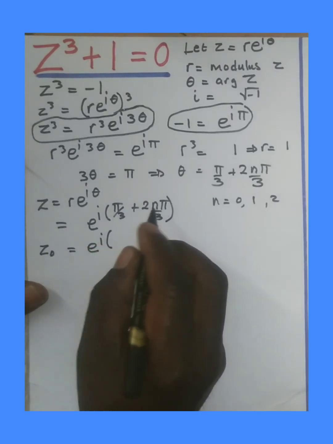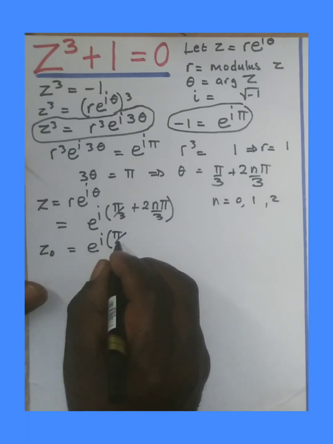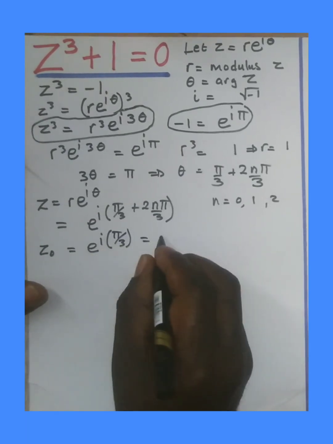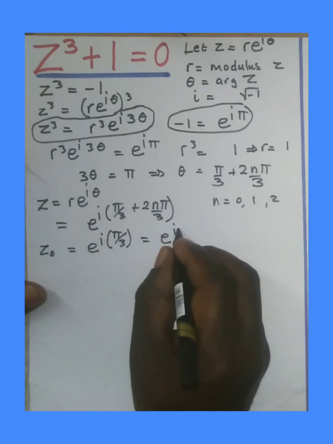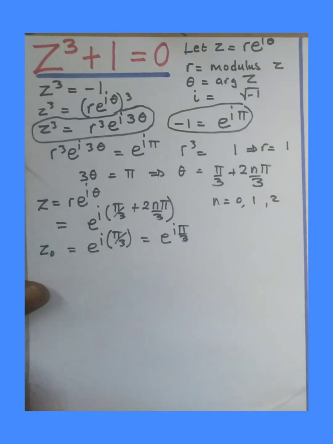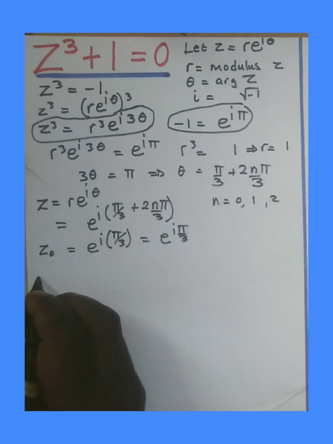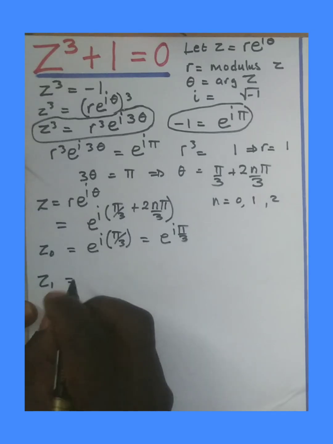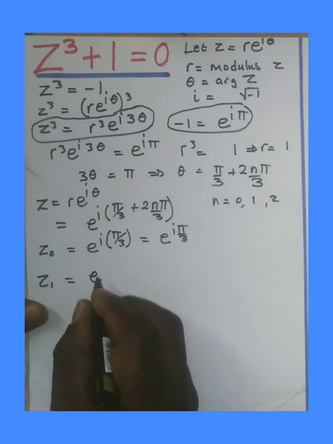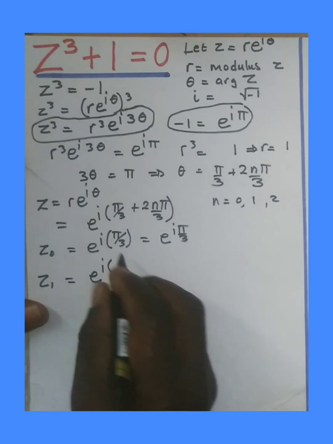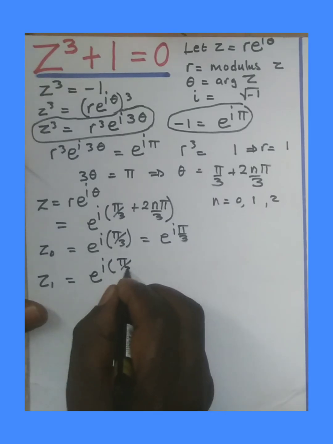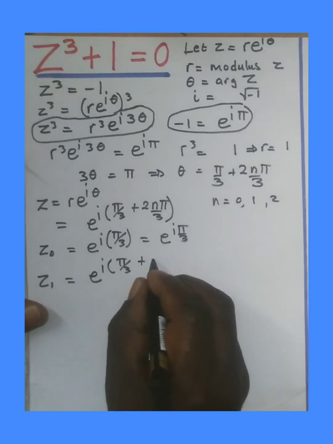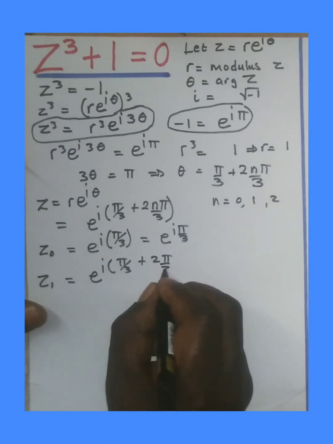Our n is 0, so it's just pi over 3, which is equal to e to the power i pi over 3. What is the value of z when n is 1? So let's call it z1. It's equal to e to the power i brackets pi over 3 plus 2 pi over 3.